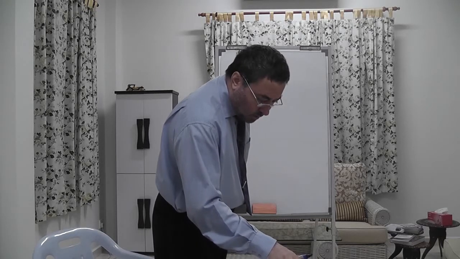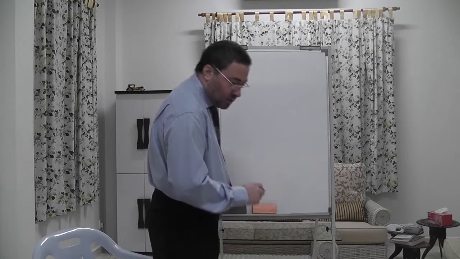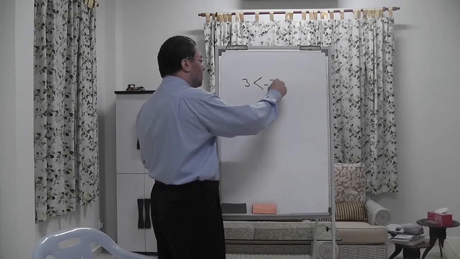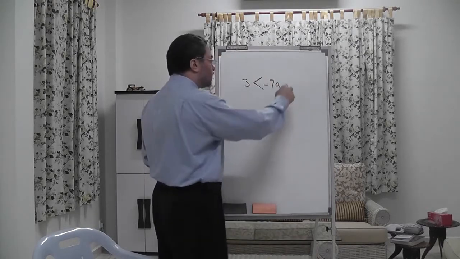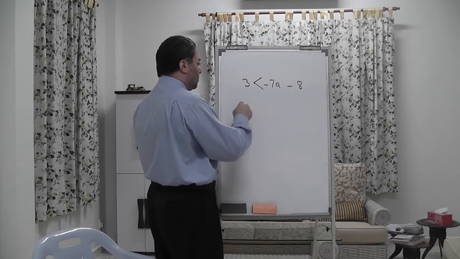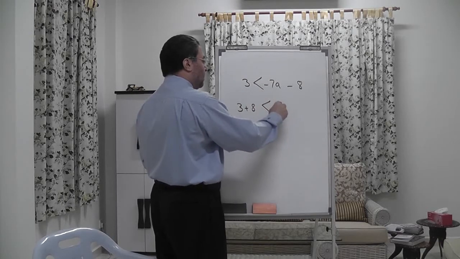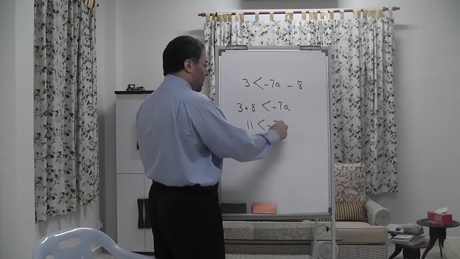Next is number 10, 3 less than minus 7a minus 8. We take 8 to this side, so 3 plus 8 less than minus 7a, and we have 11 less than minus 7a.